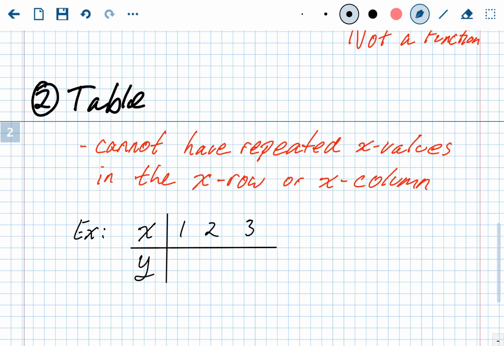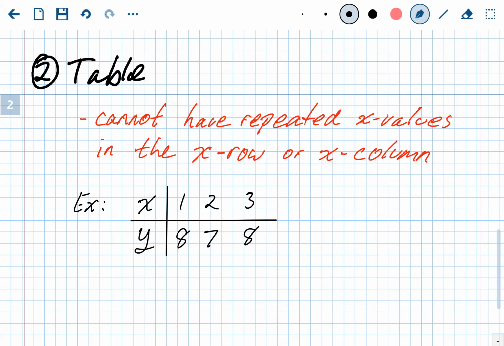And the y row will have 8, 7, 8. All right, so just go through your definition. For a table to be a function, it can't have repeats in the x row or the x column. Okay, so look at the x row. The values in the x row are 1, 2, 3. There are no repeats. Okay, which means this is a function.